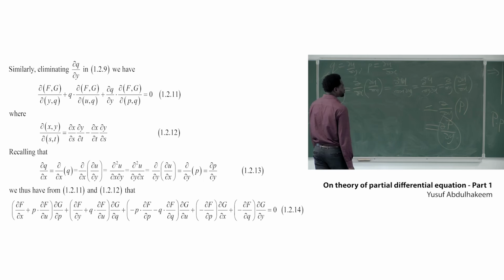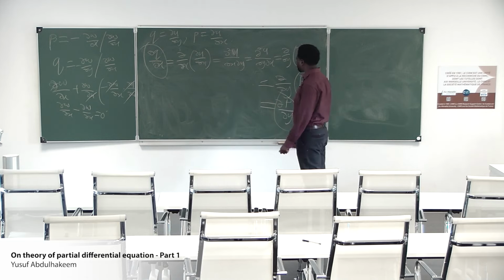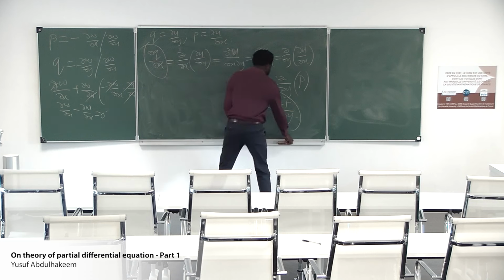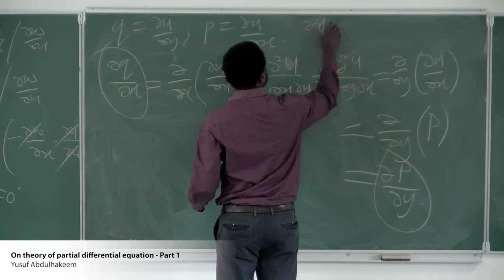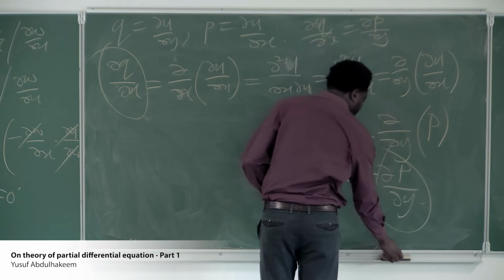For us to do that, let us pick this equation and expand it and see what that will give us. The first one, let me clean this. I have said that let's keep this: dq dx is the same thing as dp dy.